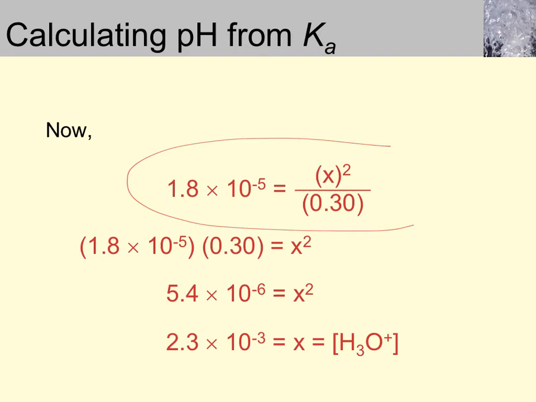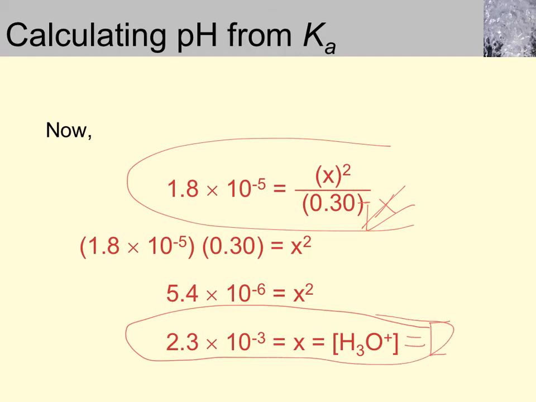And go ahead and work that out. Notice we've neglected x here. Okay, we've left that out. And solve for x then, and x represents both the concentration of hydronium ion and the concentration of the conjugate base. Okay, 2.3 times 10 to the minus 3 molar.